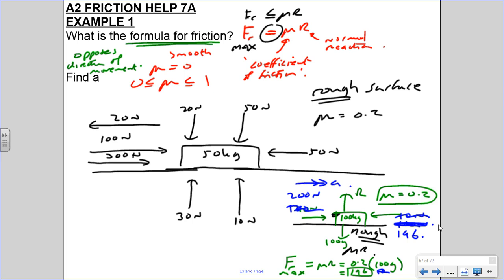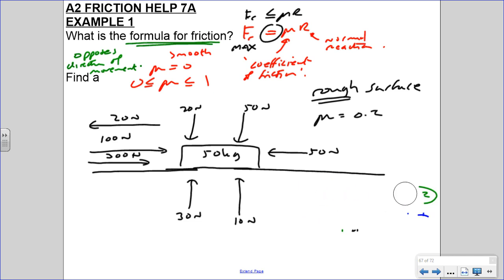Most of your problems are going to assume F max, because they'll be in what's called limiting equilibrium, which means it's on the point of moving, or the point of accelerating. If something's in limiting equilibrium, you need to be thinking F max. Or if something is accelerating or moving, then it must be F max, because it wouldn't be moving unless friction was applying its maximum force, and the force pushes it beyond friction, and that's what gives it that movement.